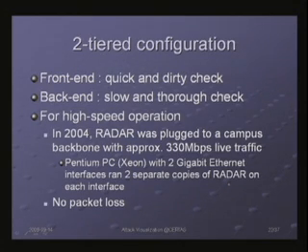We checked the speed of the software, and we performed a field test on a campus backbone network. At the time of testing, there was 330 megabits per second of live traffic flowing in the pipe, and we used a Pentium PC with 2 gigabit Ethernet interfaces. We ran 2 separate copies, one on each interface, and there was no packet loss.